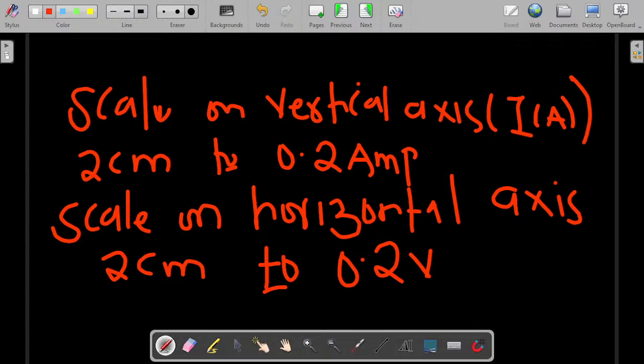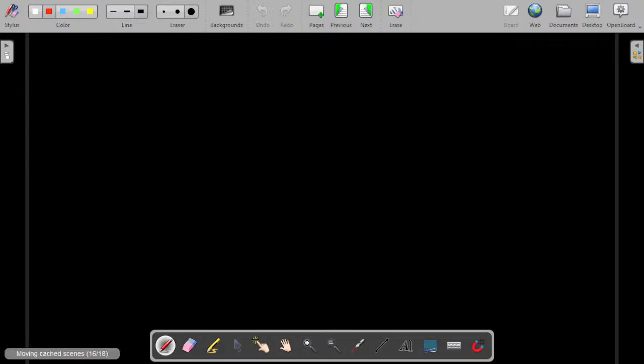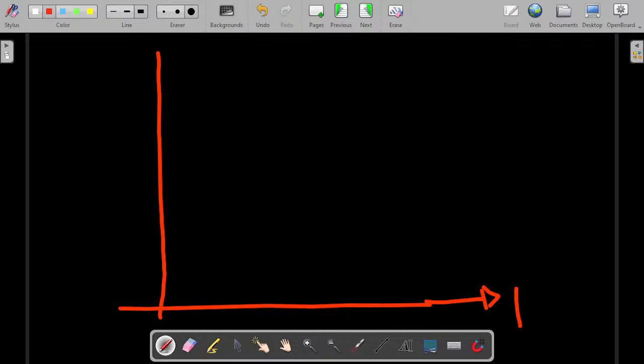So what you do now, based on the graph, let's just do it here. Let us do this graph now. So I will have here P in volts. Here is I in ampere. So here is now 0, 0.